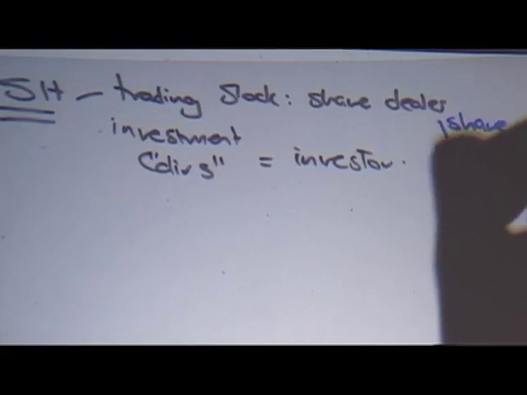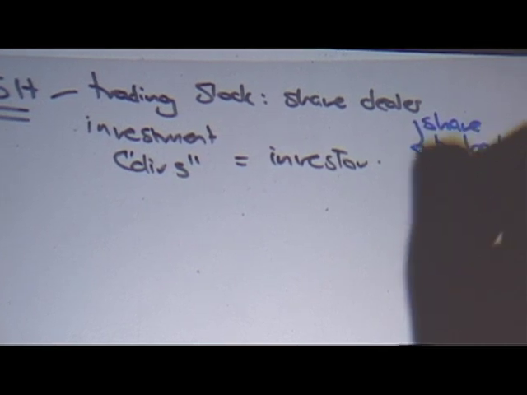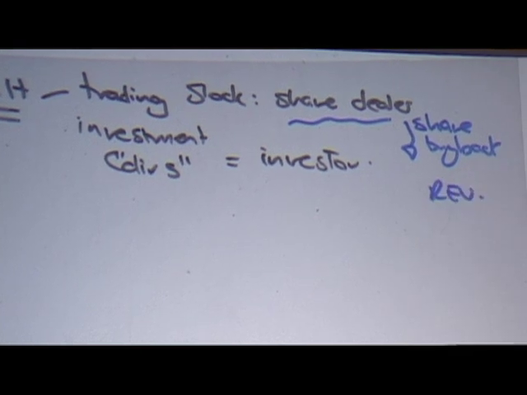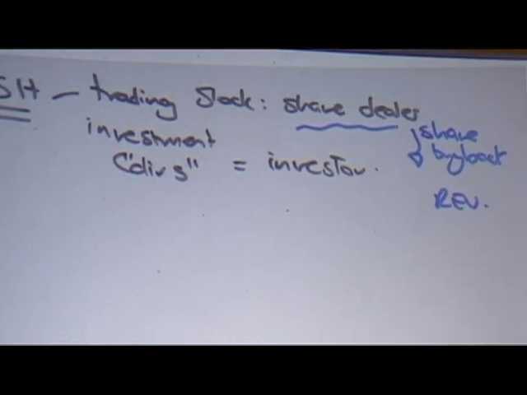So a share dealer disposing of a share in a buyback is going to be disposing of one of his pieces of trading stock. So what we have to say is when there is a share buyback by a company, any amount received by a share dealer for the share buyback will be a revenue receipt. So the share dealer in a share buyback gets revenue.